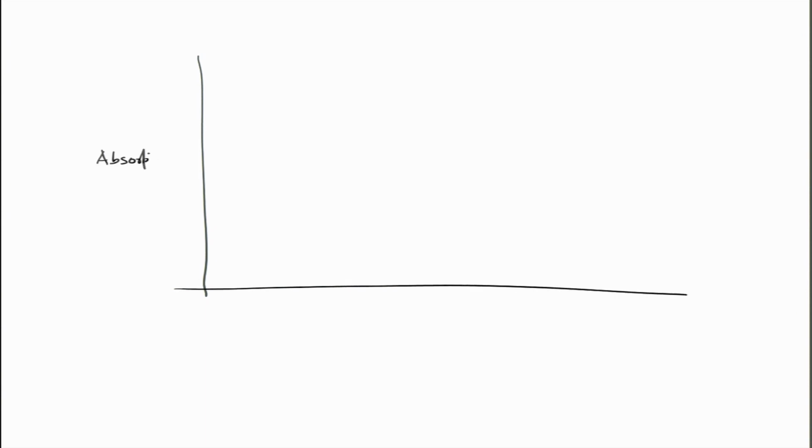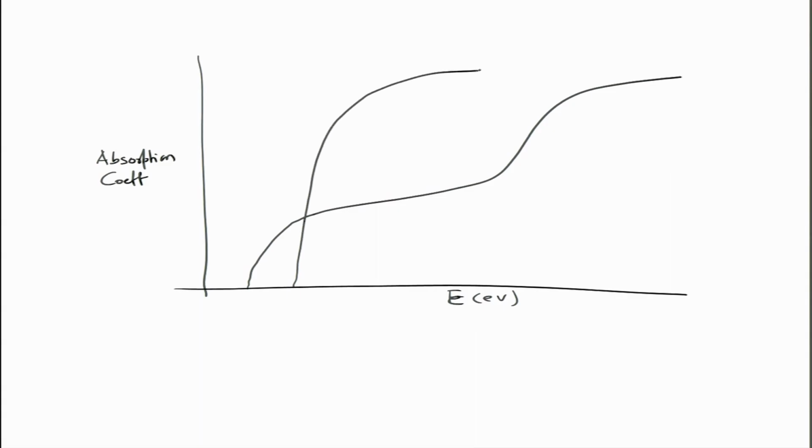And as I told you earlier also, in the commercial semiconductors, what is important? The absorption coefficient. So, if you plot the absorption coefficient as a function of energy, silicon has a band gap of 1.1. Silicon is an indirect band gap semiconductor, it shows a behavior something like this, whereas gallium arsenide has a band gap of 1.41. This shows a much higher absorption coefficient as compared to silicon. So, this would be gallium arsenide and this would be silicon.